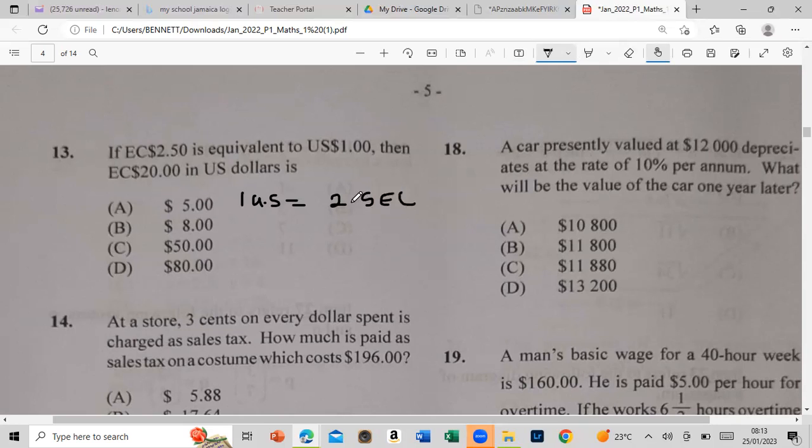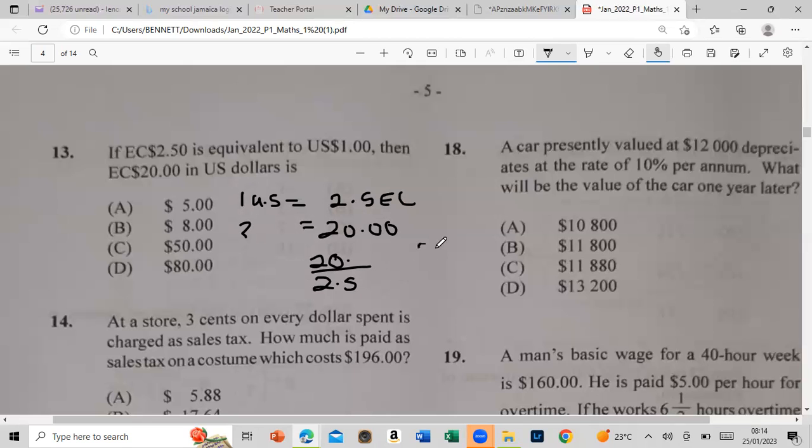Then how much would $20, not 200, be in US? I almost made a mistake here. So we can just put X here, and we can simply divide by $2.50.